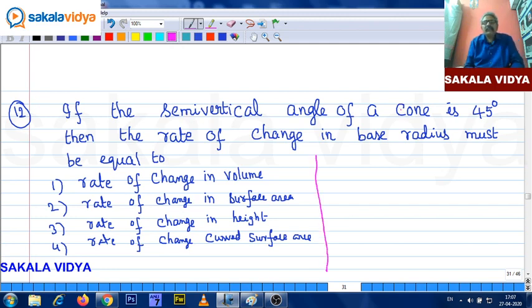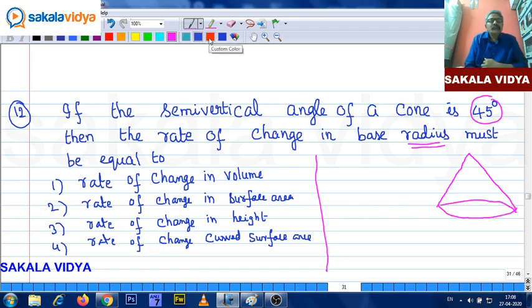The semi-vertical angle of a cone is 45 degrees. The rate of change in the base radius we need to find out. First, let us draw the figure. So, this is, for example, the cone. Now this is height, this is the base radius.